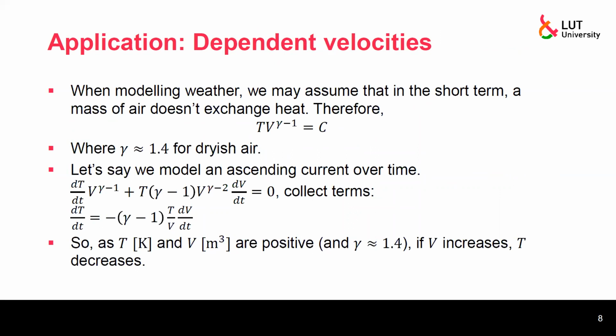Okay, one thing is dependent velocities. So we're having again a bit of a nasty formula here. So T is temperature, V is volume, and T is just simply constant when air masses move.